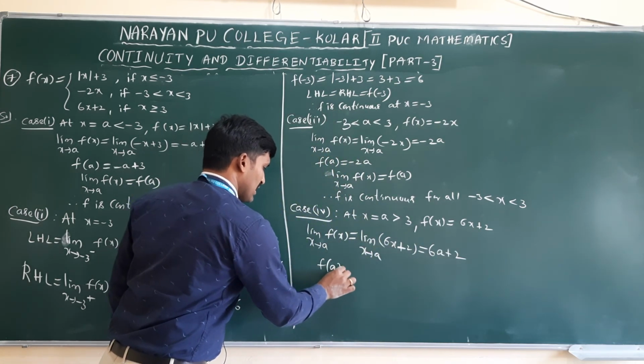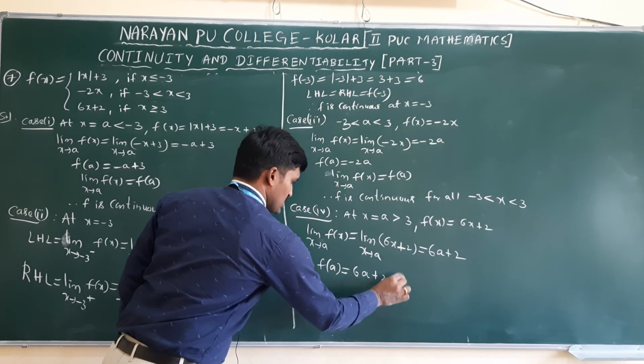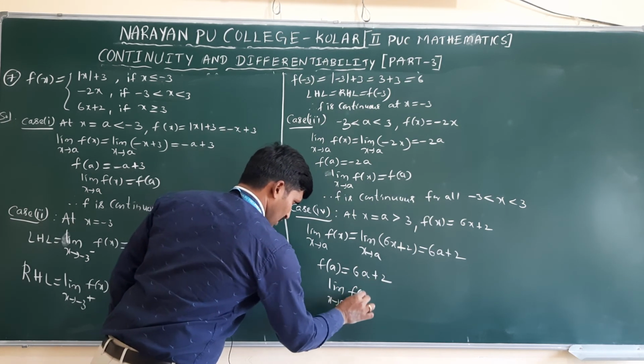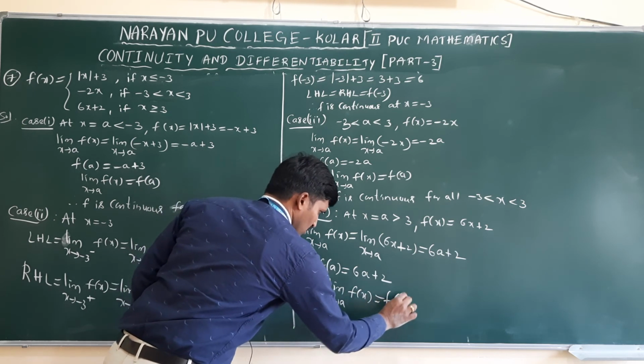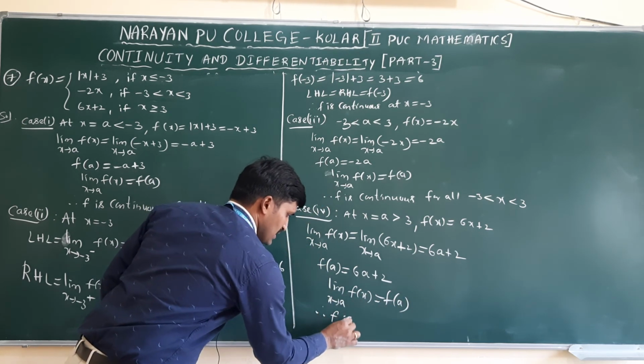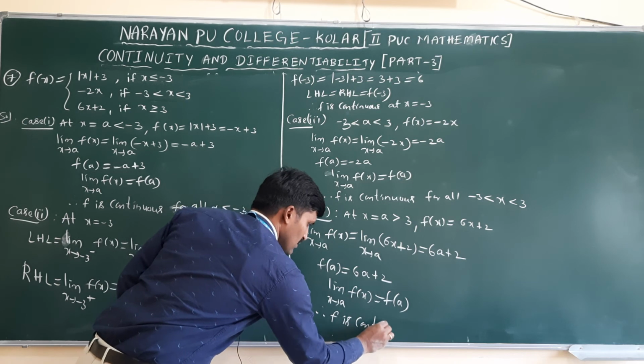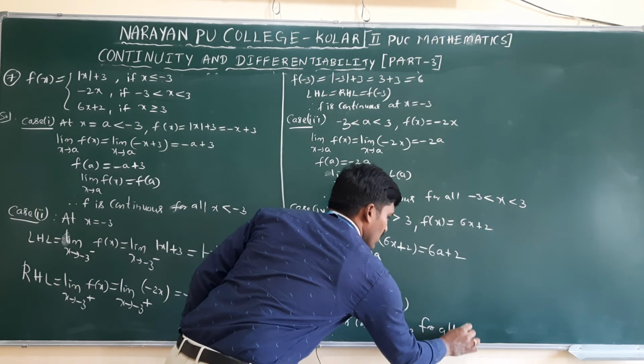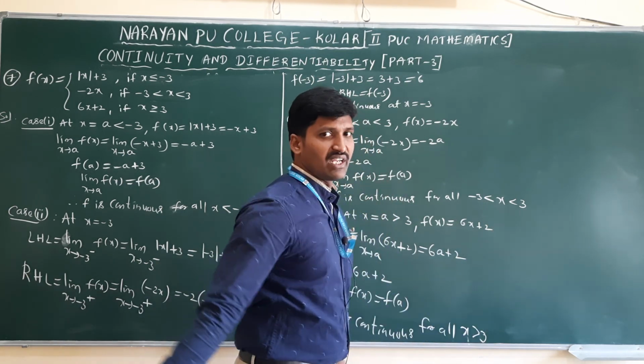Next, f of a value is also 6a plus 2. From this, limit value and function value both are equal. Therefore, f is continuous for all x greater than 3.